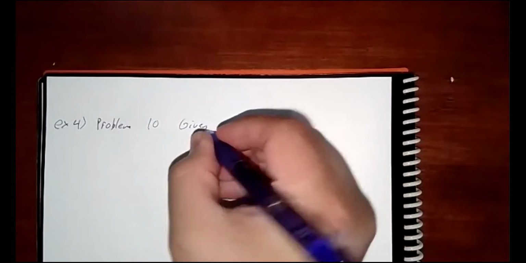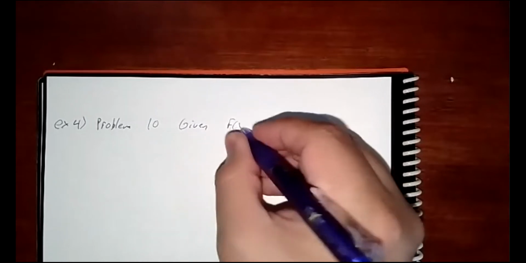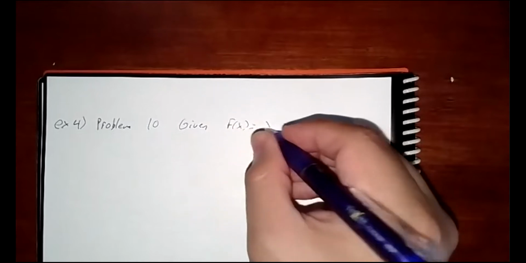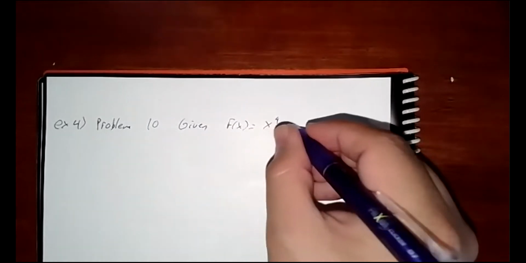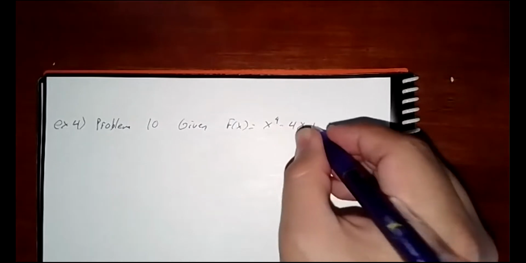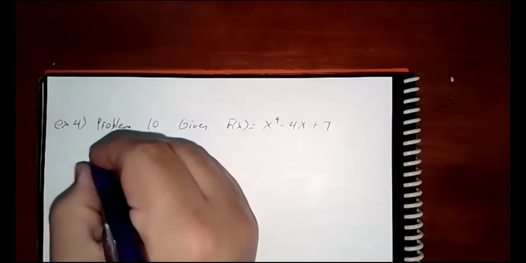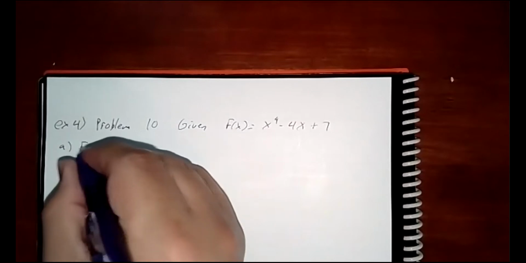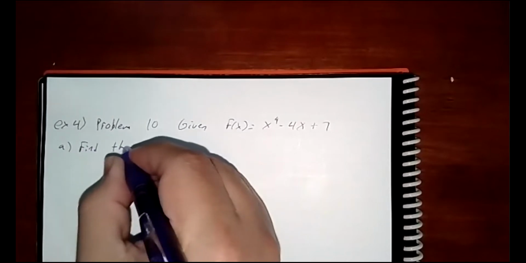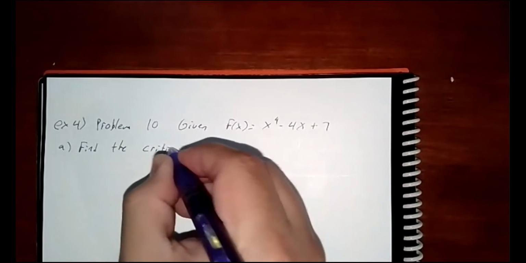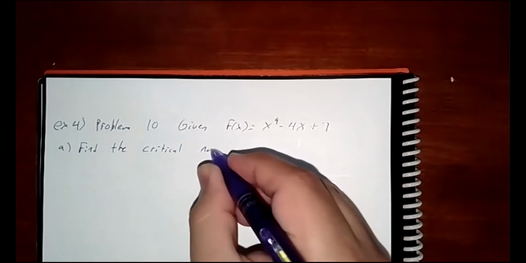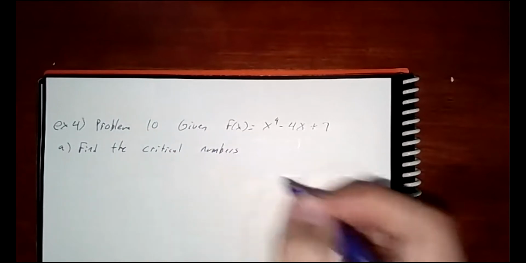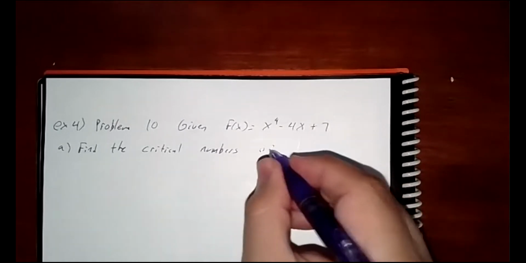Given f of x equal to x to the 4th minus 4x plus 7, find the critical numbers of f.